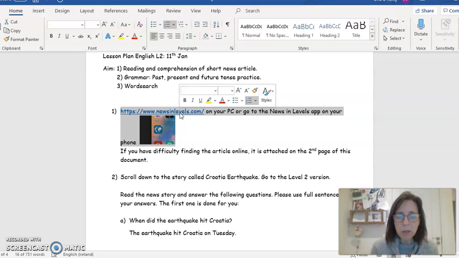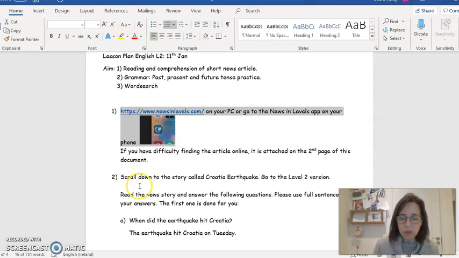Hopefully it'll open up. When it opens up, I want you to scroll down to the story called Croatia earthquake, which is what I showed you further down in the document a minute ago, and go to the level 2 version, okay? And then I want you to read the news story and answer the following questions. And it's important that you use full sentences for your answers, okay? The first one is done for you. So the first question is A here.